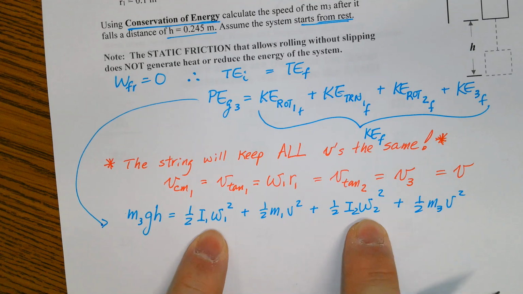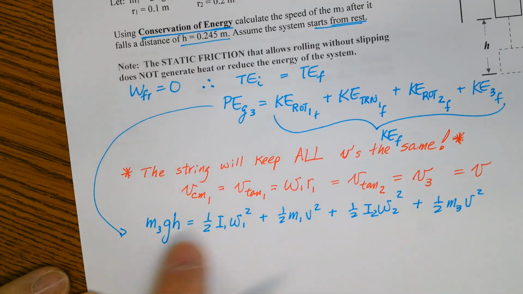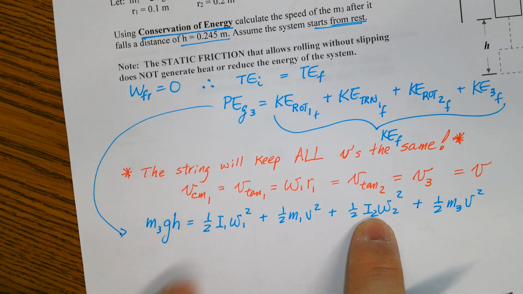Well, these omegas can be replaced with V over R, and I's can be replaced with 1/2 MR squared.